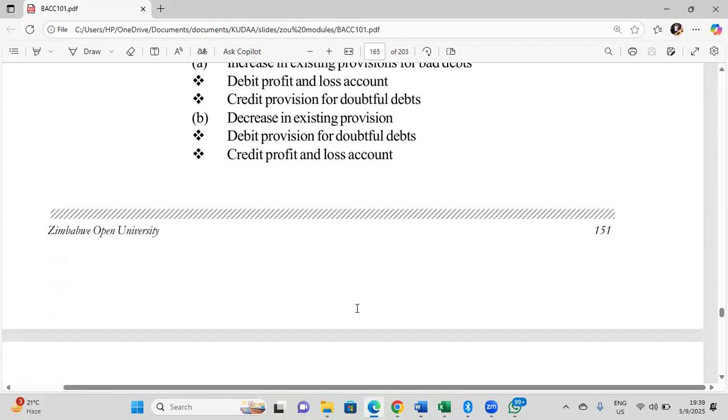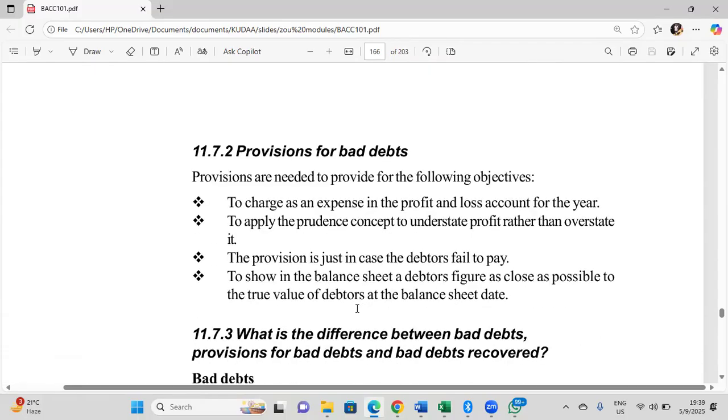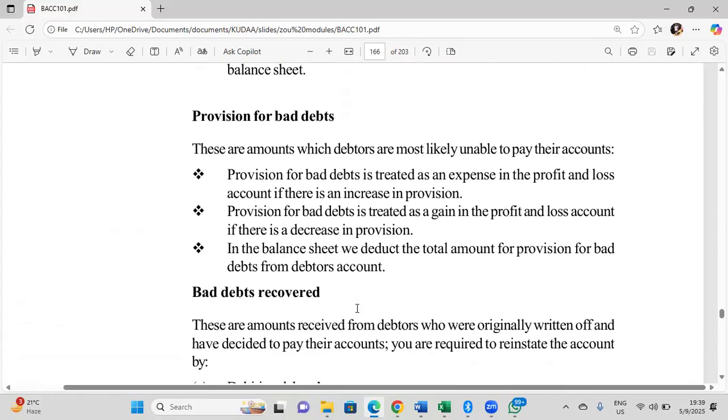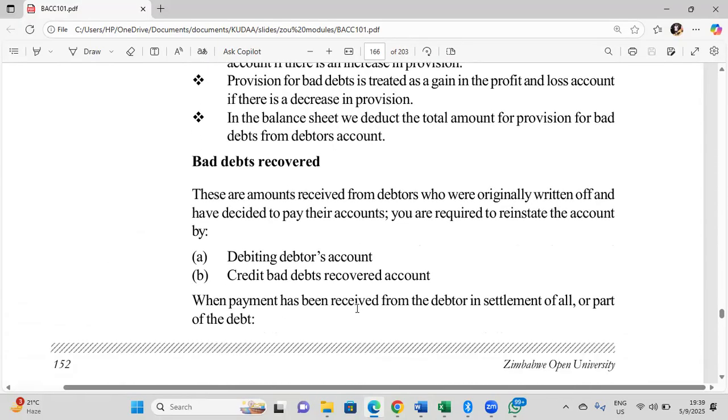Now we want to talk about bad debts and doubtful debts. So the subheading: bad debts and doubtful debts.